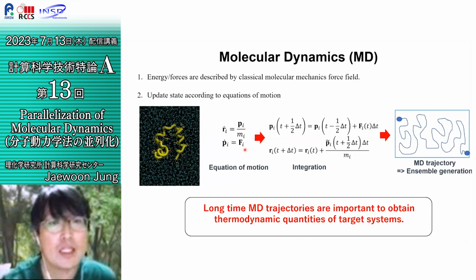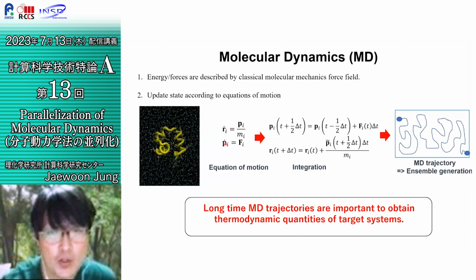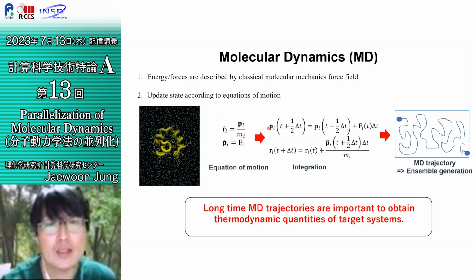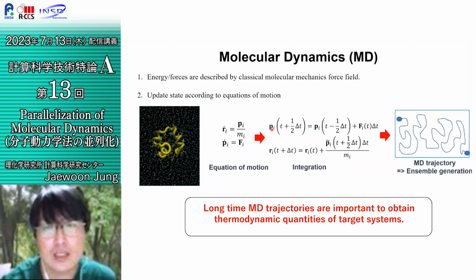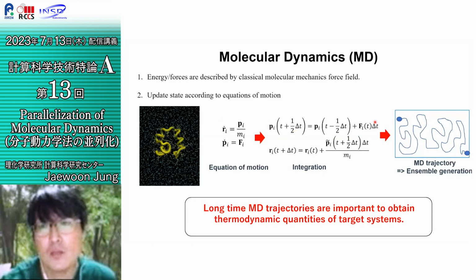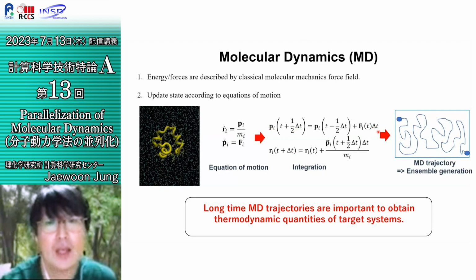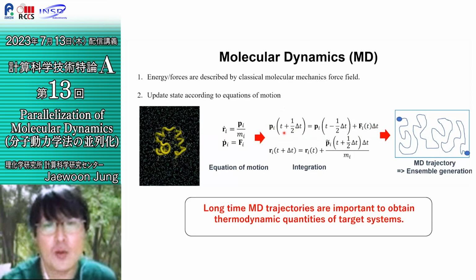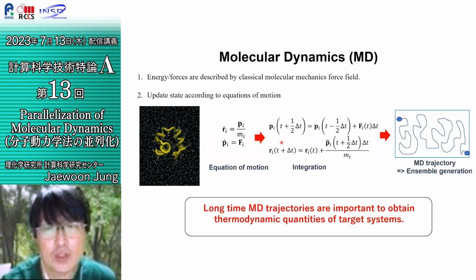And from this information of a force, we can update the momentum and coordinate. First of all, you can update the momentum by making use of force and time step. And using this momentum, we can update the coordinate.